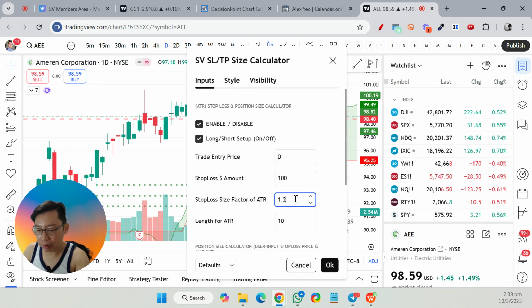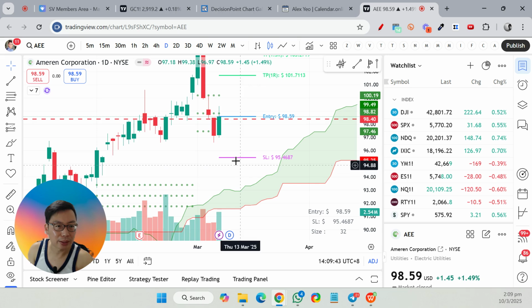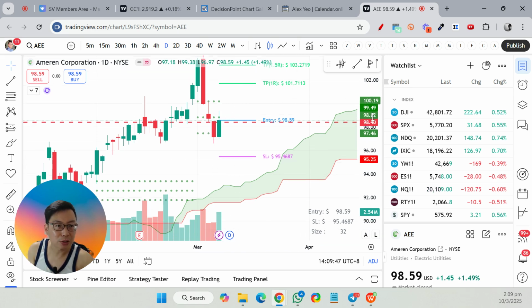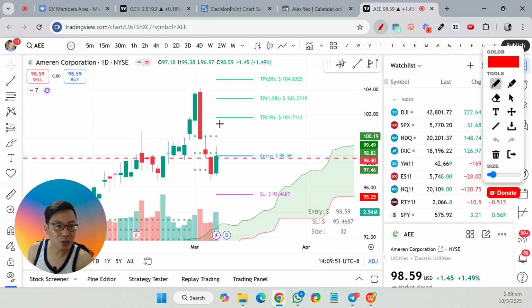I would prefer it to be at least 1.5 during this period, because if you set it too tight, based on the volatility recently, you just get stopped out very easily. At 1.5, you see that it is a little bit wider. Of course, if your stop is wider, the price has to go up higher to hit 1.5 times your risk.